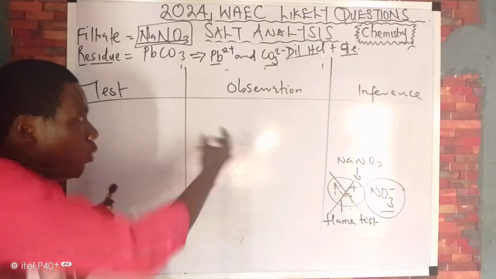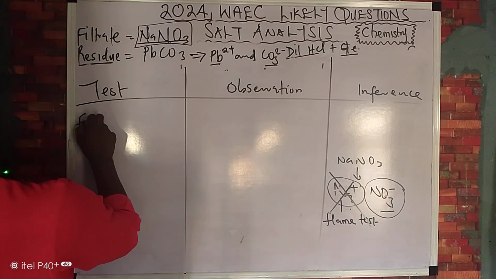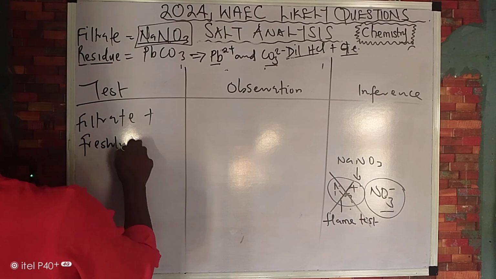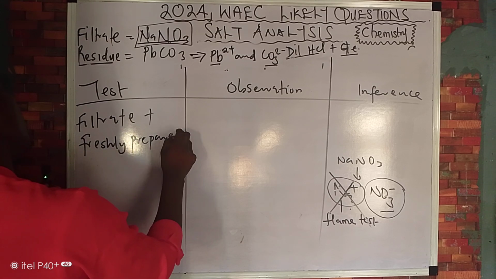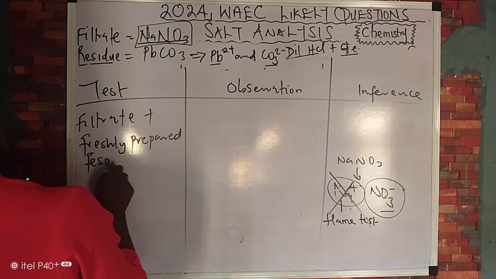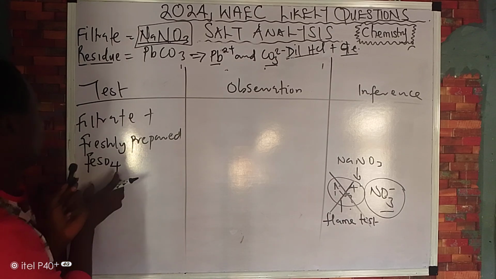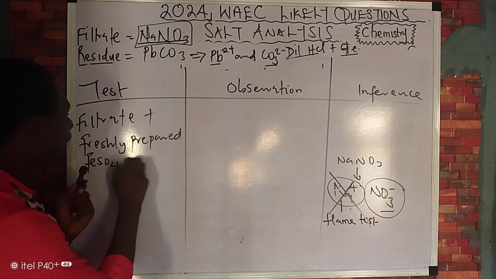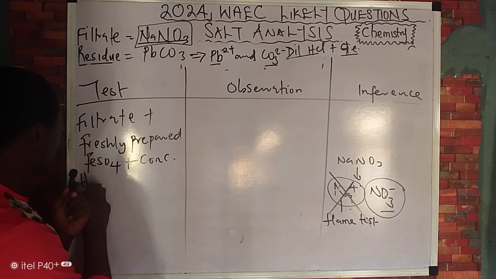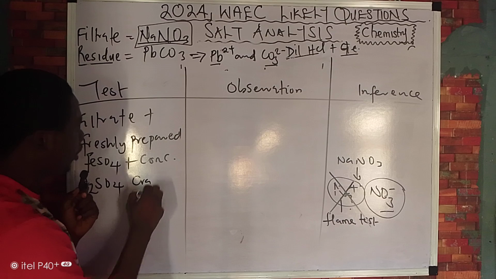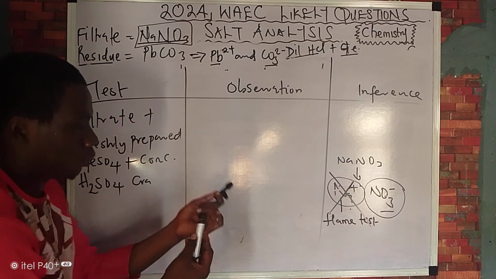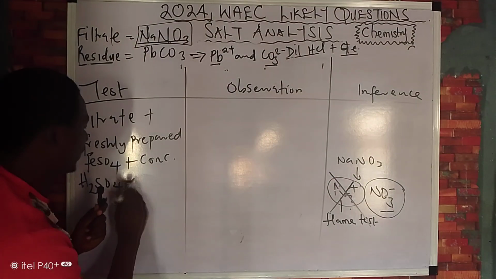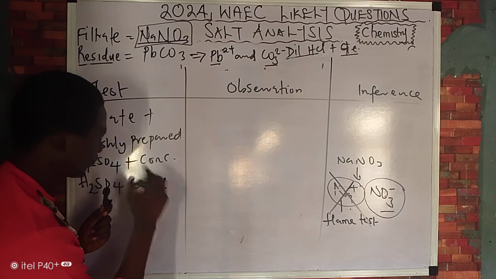Let us quickly do it. If they tell you filtrate plus freshly prepared FeSO4, and you add freshly prepared FeSO4 to the filtrate and then add concentrated H2SO4 carefully, pouring it slightly, as in when you bend the tube this way, you put it by the corner, okay? So we can write carefully.